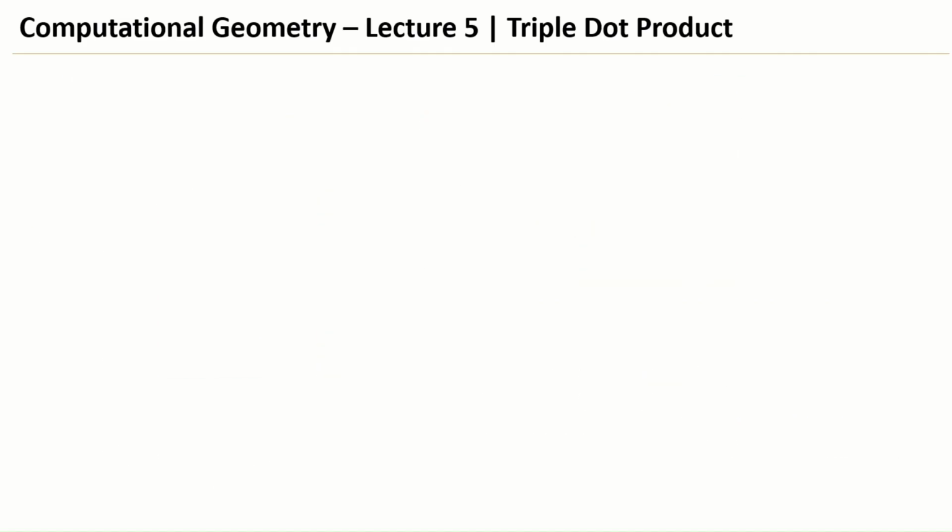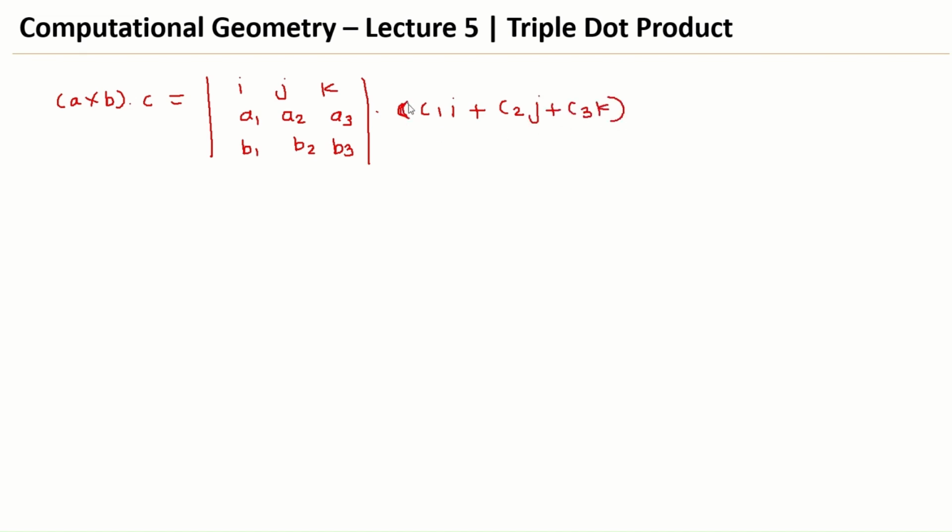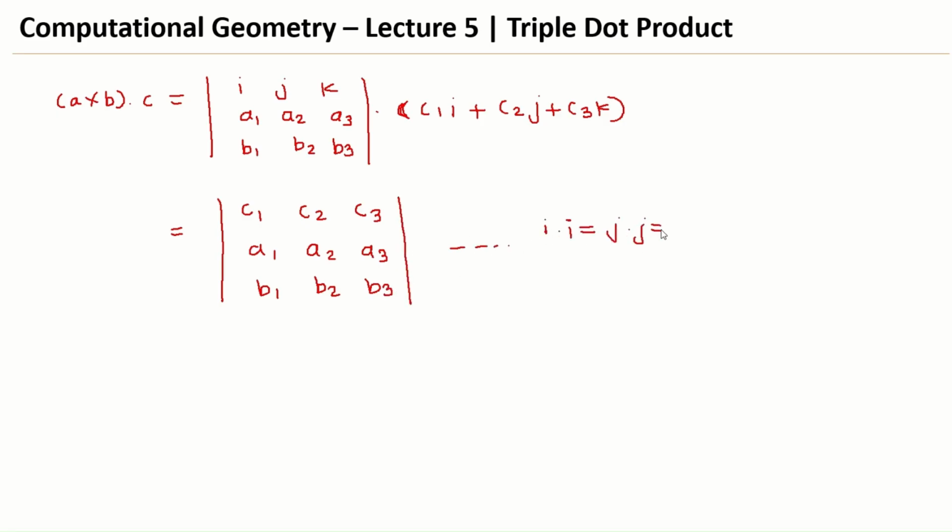We are familiar with the expansion of dot and cross products of vectors. Keeping that in mind, we can express it as follows. According to the dot product of vector properties, the final triple dot product matrix is this.